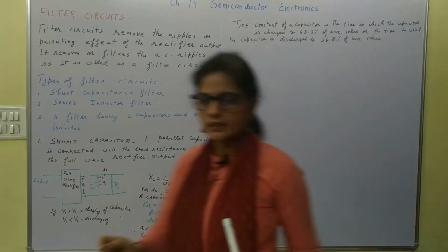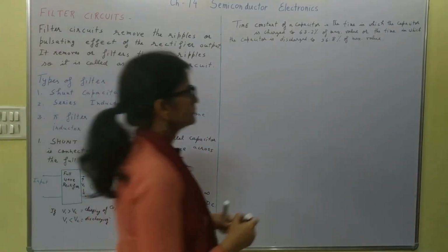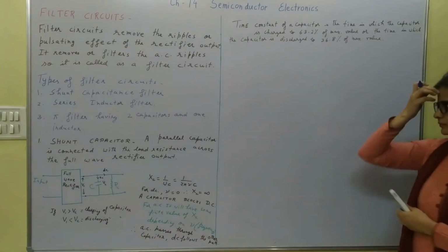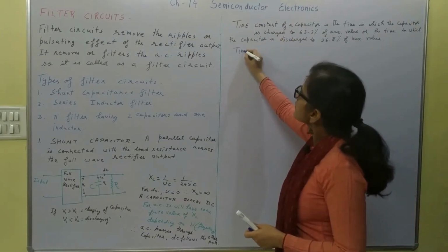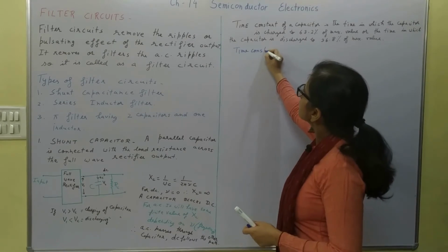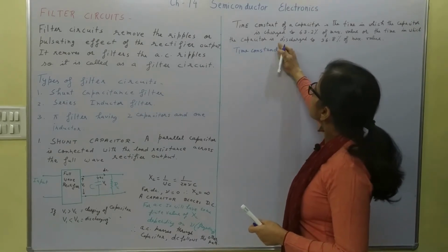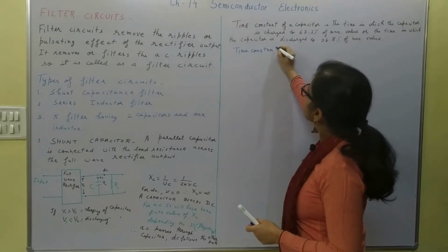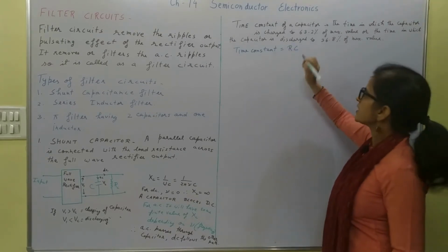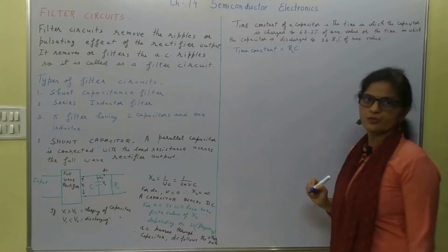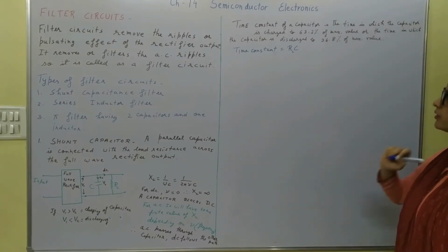One more important thing here is that this time constant is the product of R and C, and here in this case this will be RL into C because it is across the load resistance.